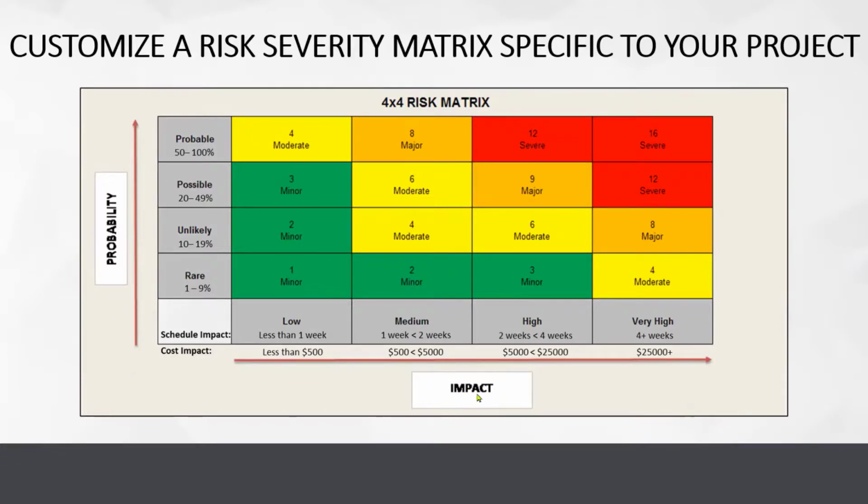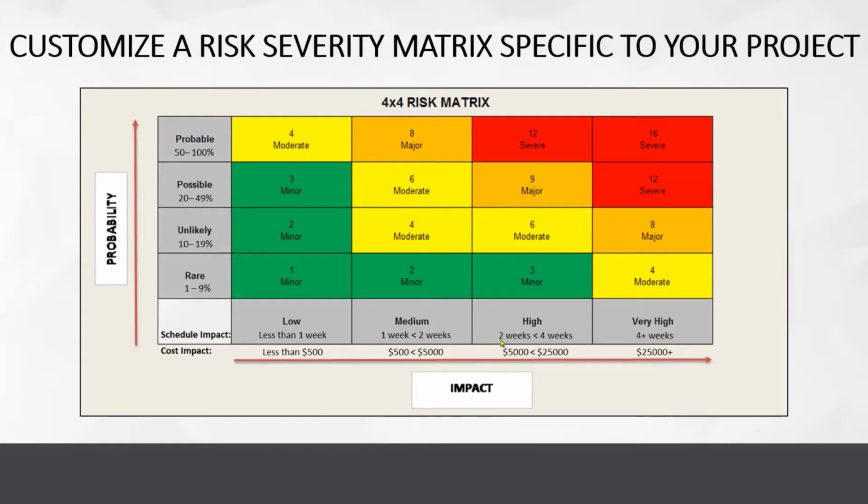Along the bottom here, then we've got impact. Again, usually measured in schedule impact or dollars, the cost impact. So you'll see this customized matrix. It shows that it'd be a low impact if it delays the schedule less than a week. It would be a low impact if it's less than $500.